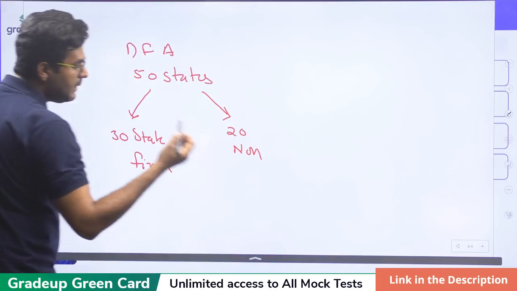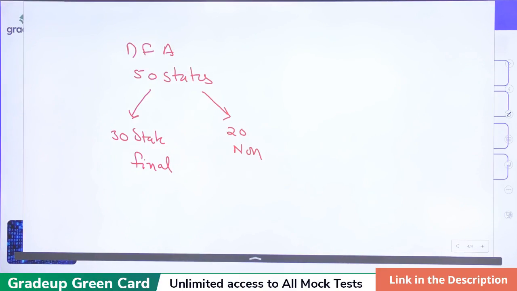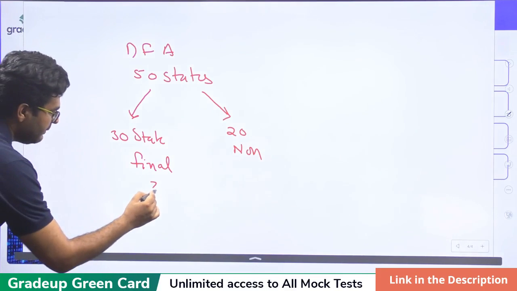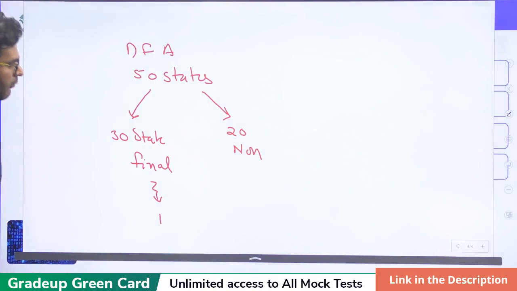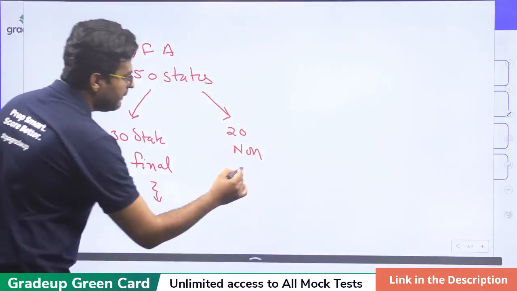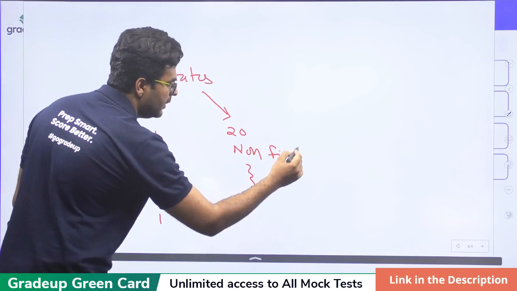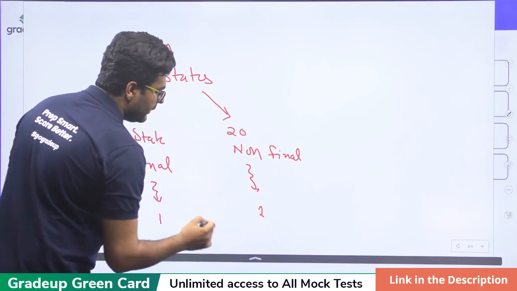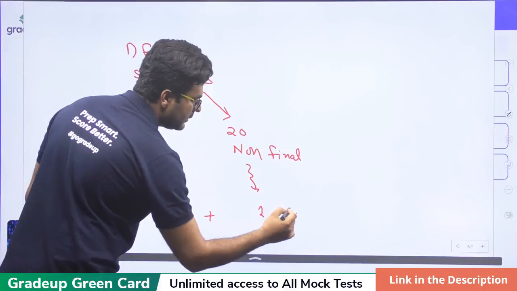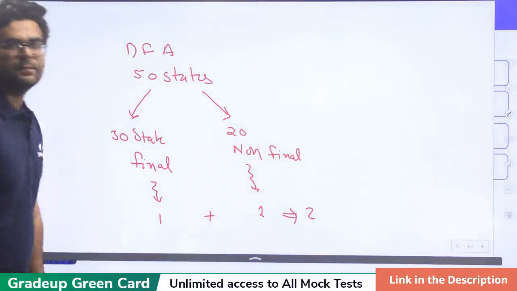Then in the best possible case, if we minimize this automata, we'll get 1 final state and 1 non-final state. So after combining, in the best case, this automata will have 2 states.